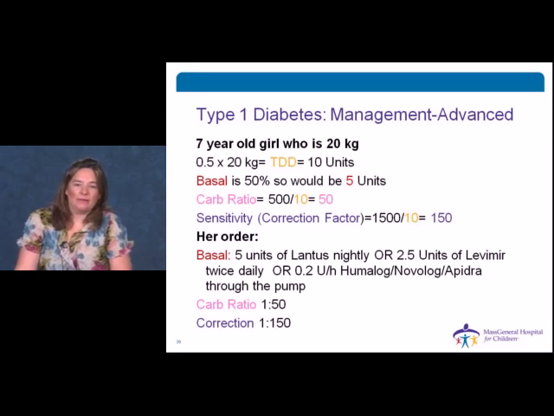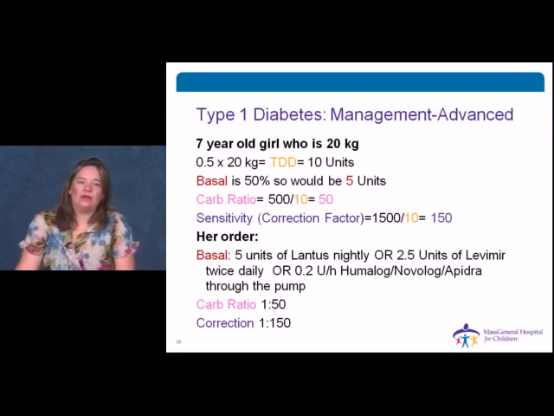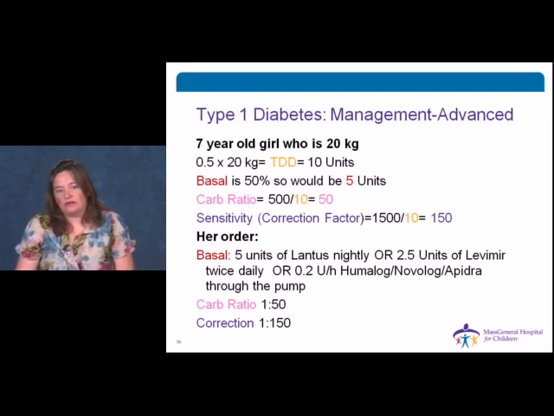Or if she had a pump, basically this basal rate of 5 units would be divided by 24, because it's pumped in hourly by the pump, and it would be 0.2 units per hour. And that could be done using any of the rapid insulins, Humalog, Novolog, or the Epidra. Her carb ratio would be 1 to 50, and her correction would be 1 to 150.